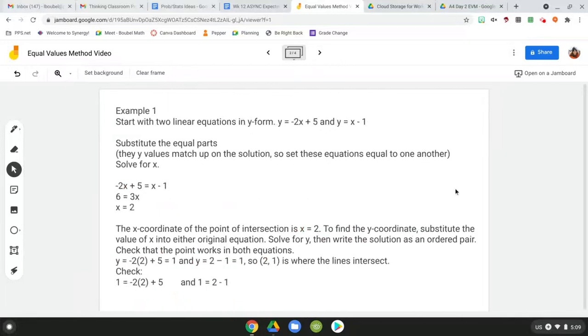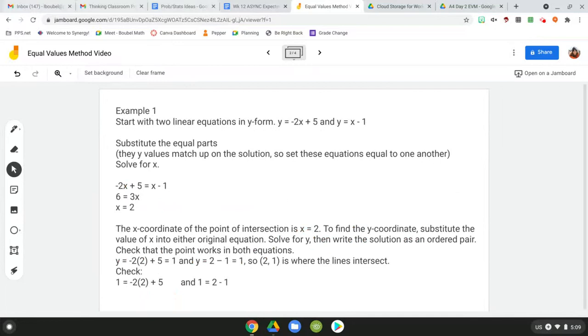Okay, so here's an example. Let's say we've got these two linear equations: y equals negative 2x plus 5 and y equals x minus 1. Now we know that the x and y values at that point that works for both of them have to be the same numbers.